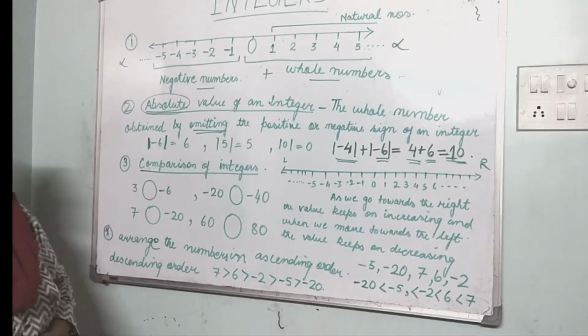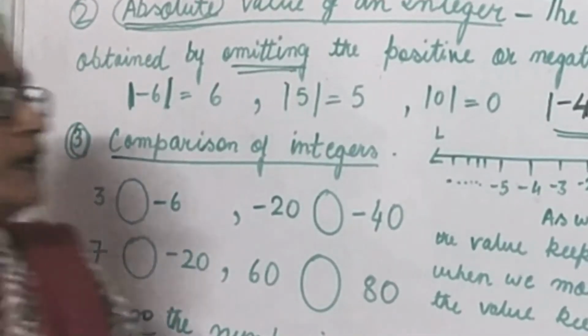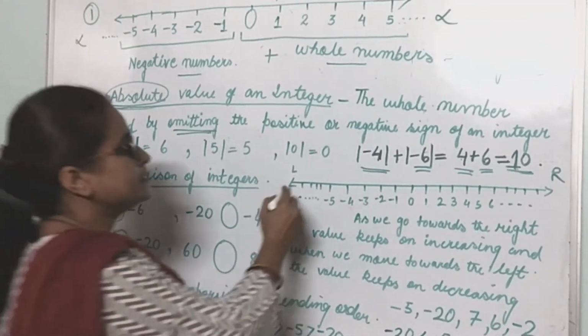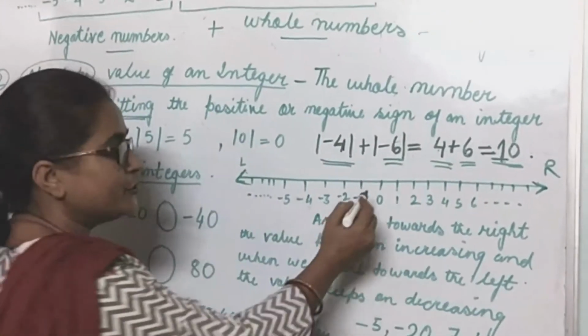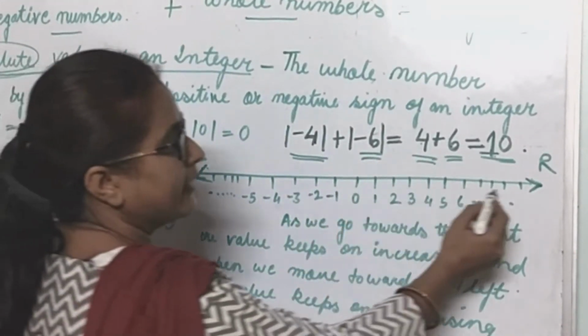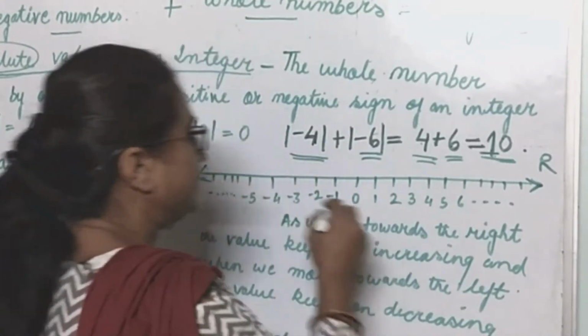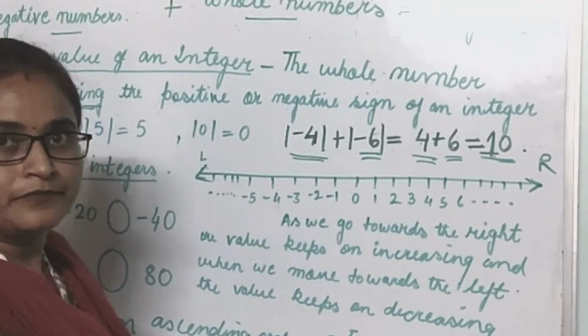Next comes comparison of integers. Children, this is the number line which has been drawn. Your 0 is in the middle, the right hand side has all the positive numbers and the left hand side has all the negative numbers.